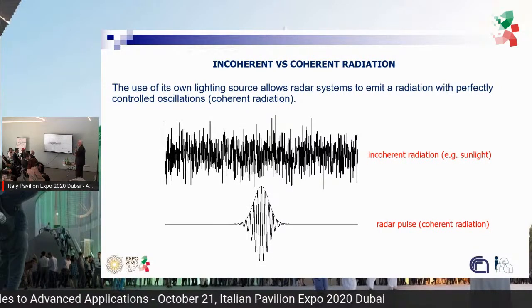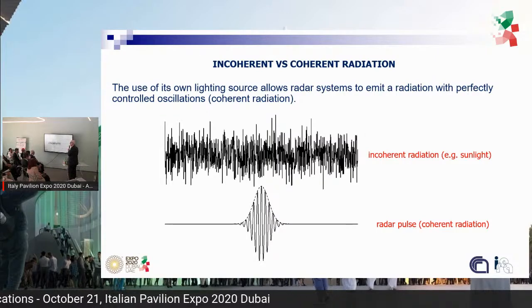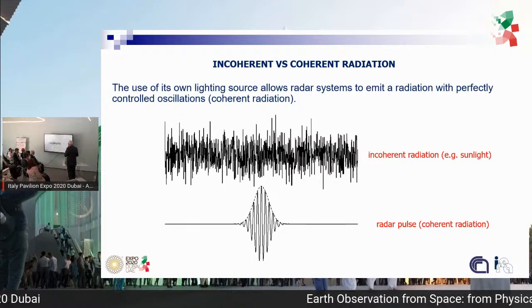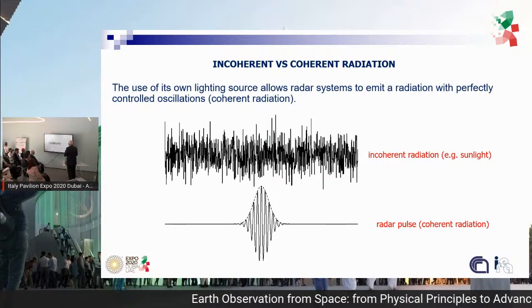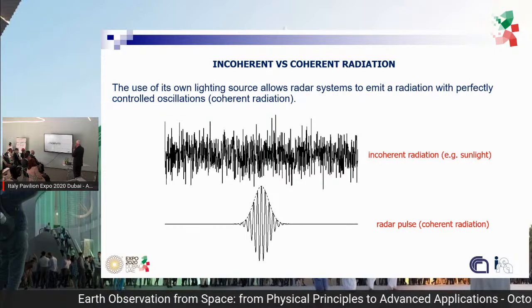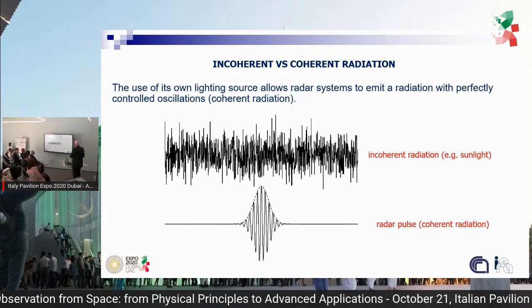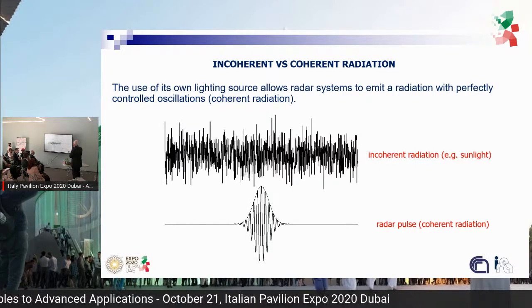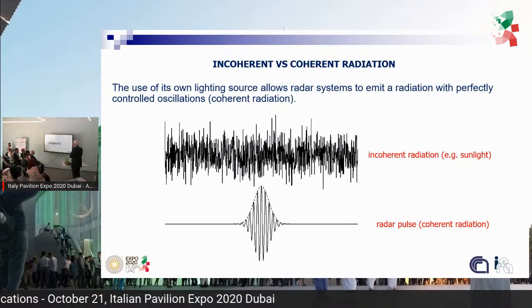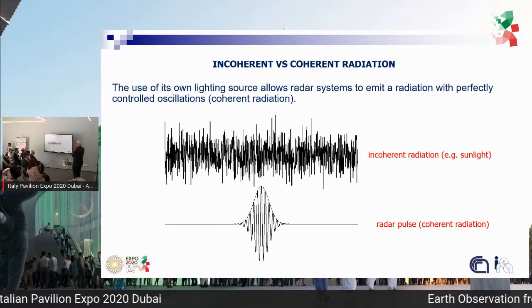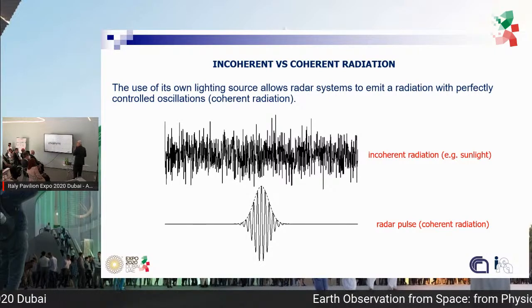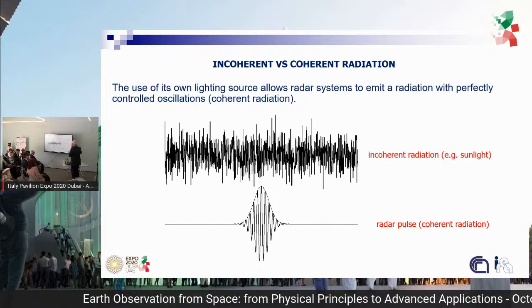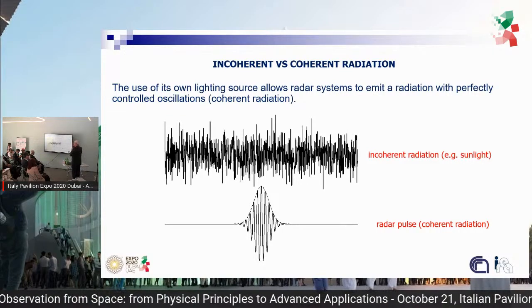So this is a very nice point, and what do we do? Essentially, we exploit the fact that the radar pulse is a coherent radiation. Okay, so we use a coherent radiation, and here is the difference you see with the incoherent radiation used by the optical system and transmitted by the sun, whereas in the case of radar pulse, we are able to control the oscillation of the pulse, okay? So we not only care about the envelope of the pulse, but we are able to control the oscillation of the radar.